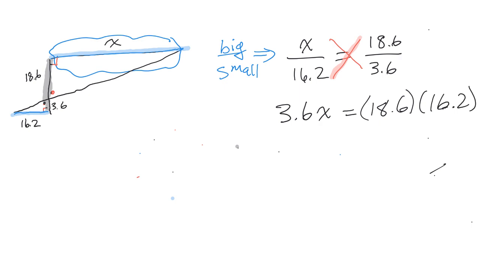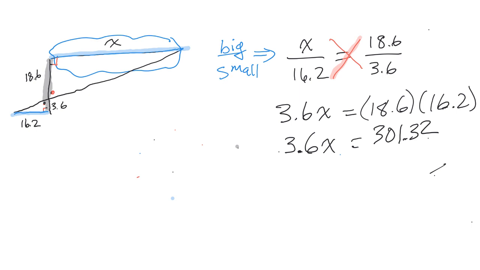So 18.6 times 16.2. When you multiply the right side, you get 301.32, which is equal to 3.6x.